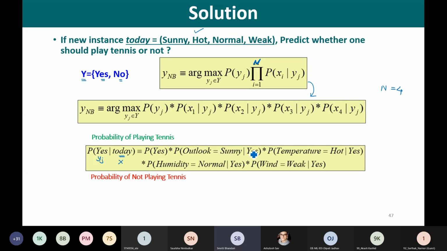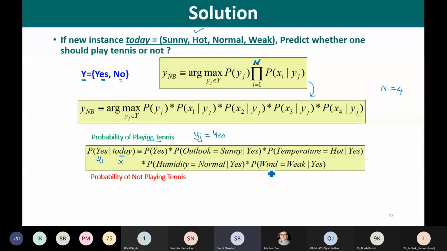We are computing for class yj equal to yes. So here we have the probability of yes into the probability of outlook equal to sunny given yes into the probability of temperature equal to hot given yes into the probability of humidity equal to normal given yes into the probability of wind equal to weak given yes.